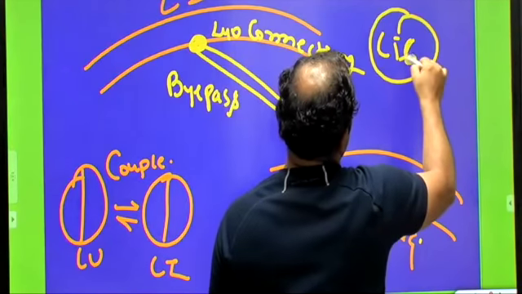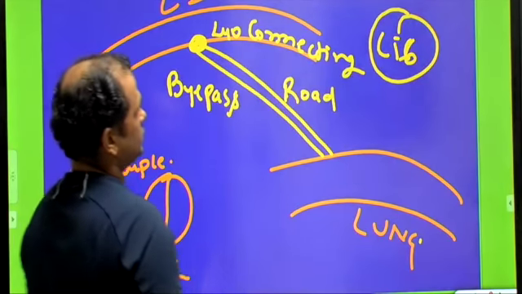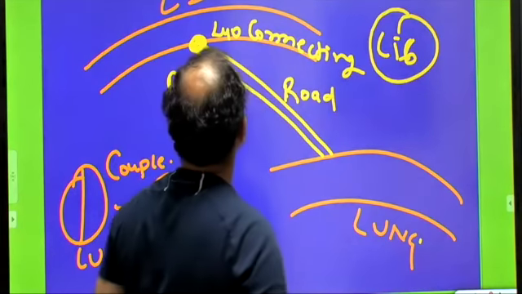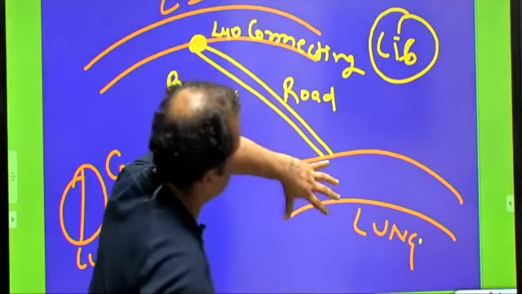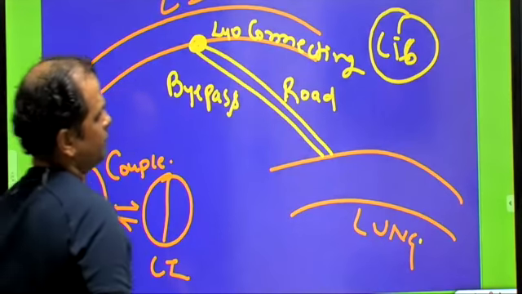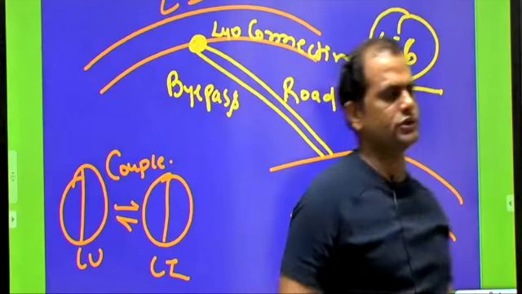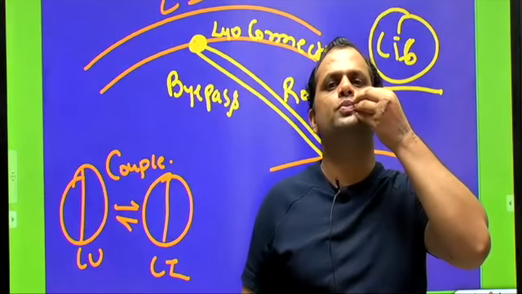What is the importance of this Luo connecting point? Suppose there is excessive energy in the large intestine meridian, we can send it through the bypass. If there is weaker energy in the large intestine meridian, we can receive energy with the help of this bypass. Suppose there is pain anywhere in the large intestine meridian, maybe tooth pain.